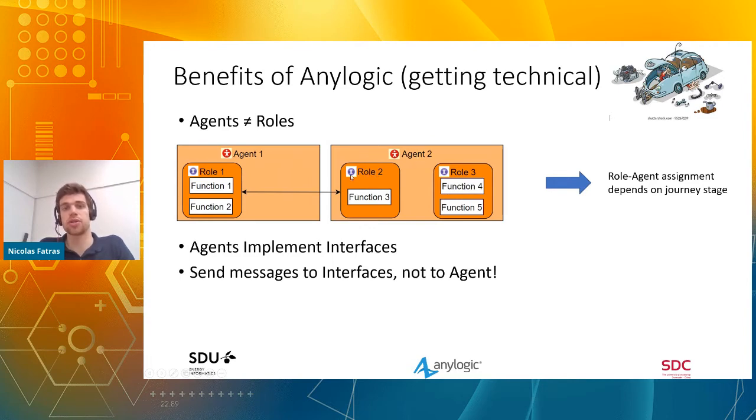And so these roles are these interfaces in AnyLogic, which essentially inherits from the Java concept of interfaces. So these are kind of blueprints which you assign to the agent, and based on the blueprint the agent is assigned, he needs to fulfill these specific roles.